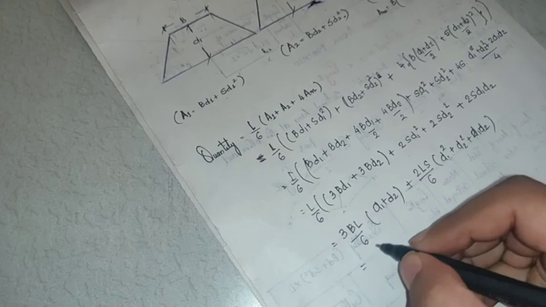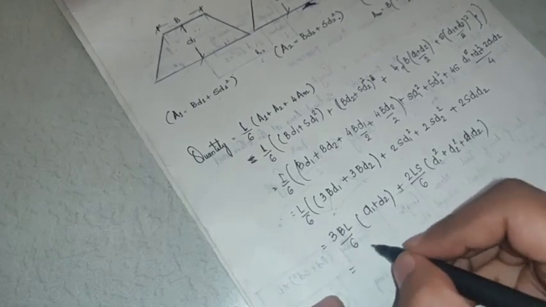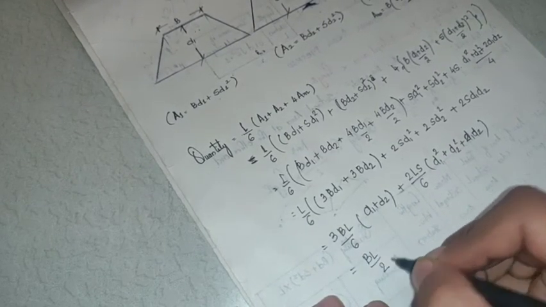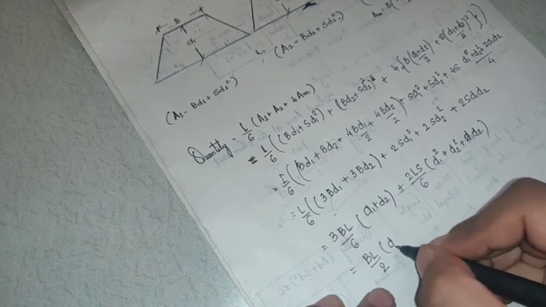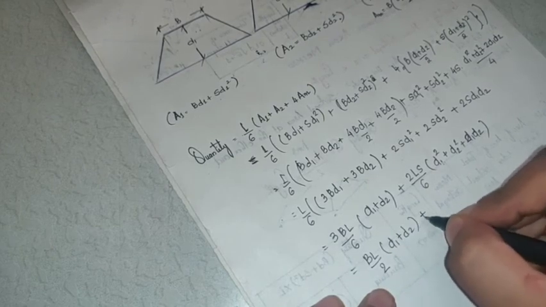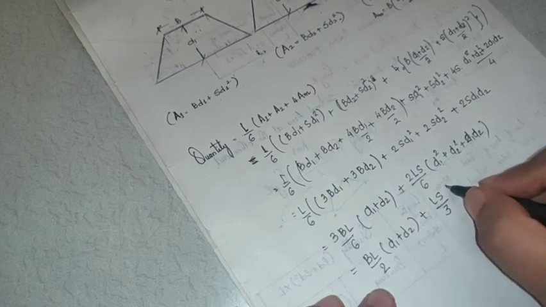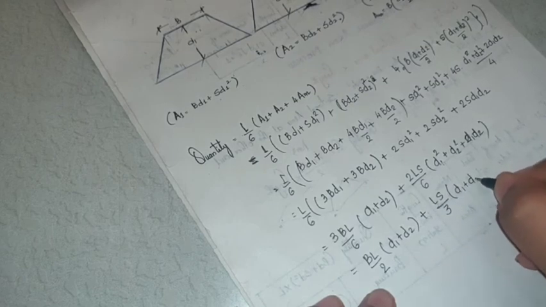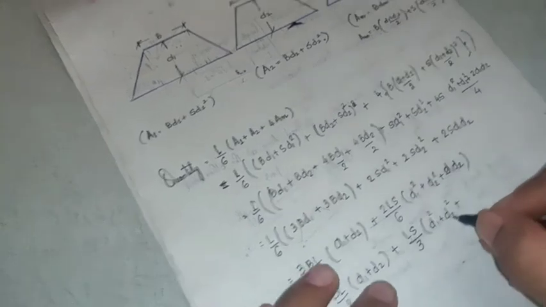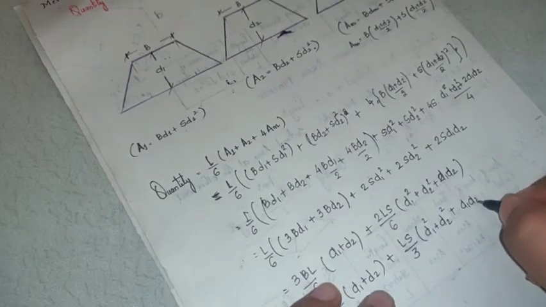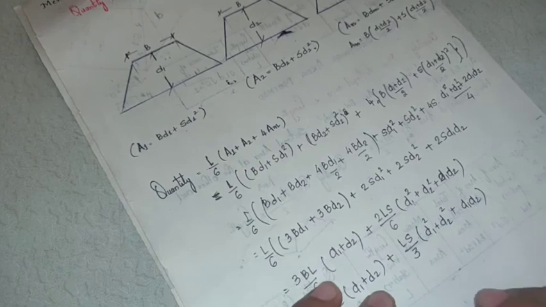Now we are left with B L by 2 into (D1 plus D2) plus L into S by 3 into (D1 square plus D2 square plus D1 D2). So we are left with this part.